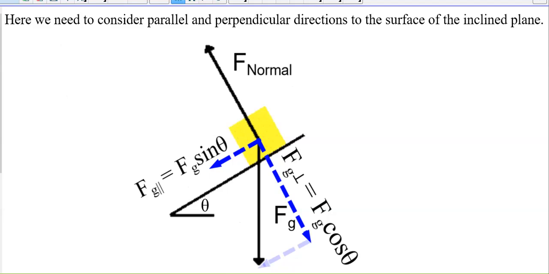So if we look at it in this regard, we can see that the normal force is no longer just equal to the weight, it's now equal to the perpendicular component when there's no other perpendicular forces acting on the actual mass. And the force that's driving an object down an incline would be the parallel component of the actual weight. So this is you on a toboggan on a hill. You're going to go down the hill based on the parallel component of your actual weight.